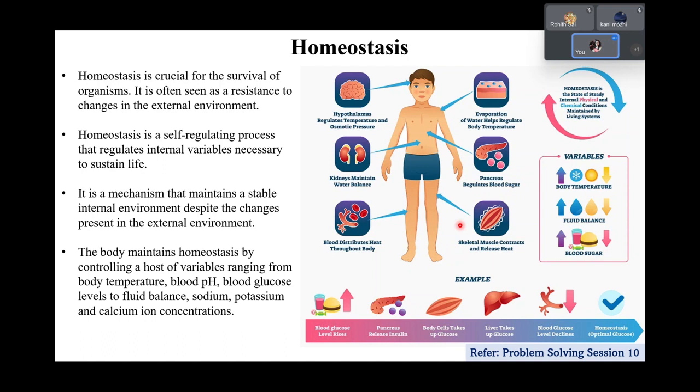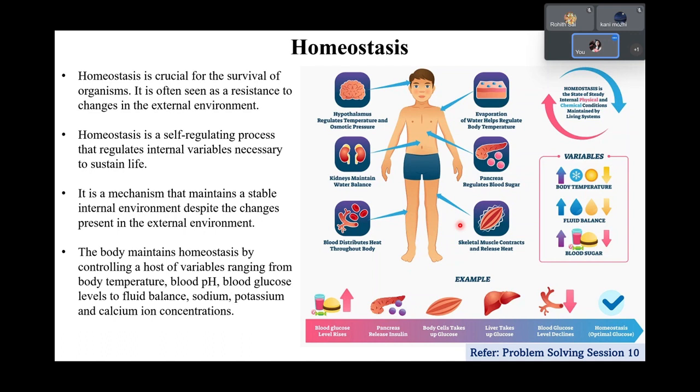Shivering is a mechanism to bring your body temperature up, and then it goes back to normalcy. So for any cue which is received, the body functions in the opposite way, so that the cue's effect is reversed. That is called the negative feedback system. To perceive this, there are set points, basically some ideal value for any variable, and any change from that normal value leads to this kind of feedback system.